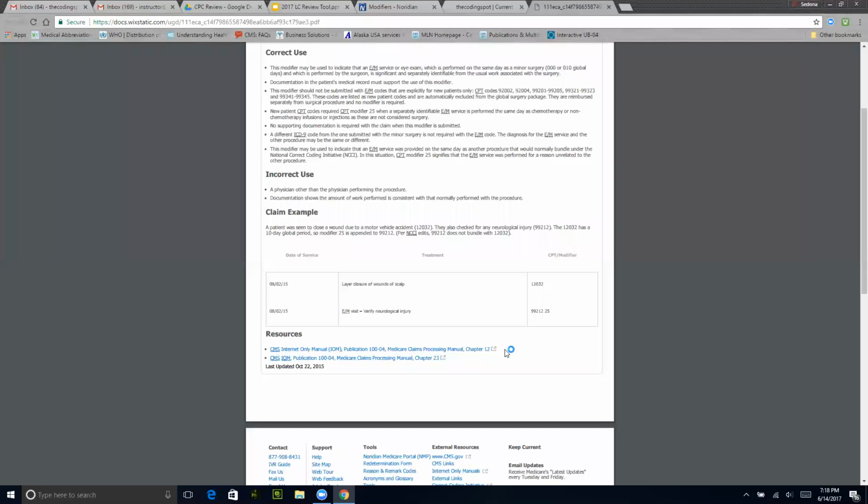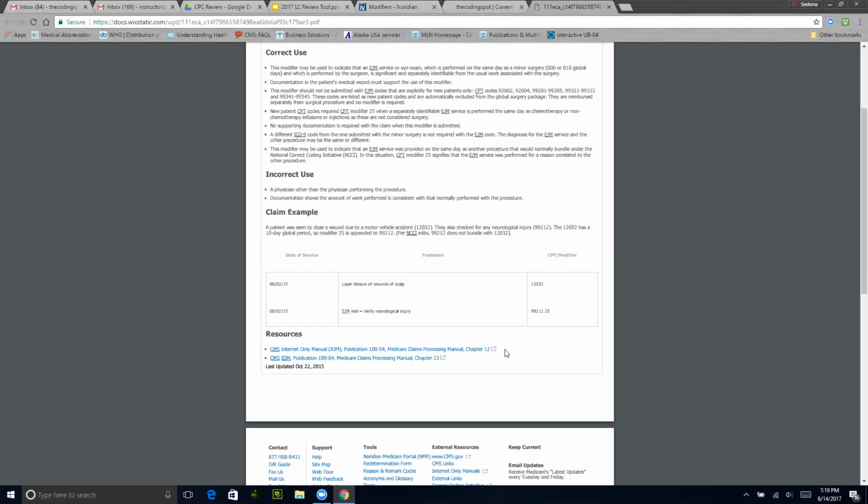And on the same date of service here, E&M visit to verify neurological injury, 99212, with 25 attached. So we have our repair, our surgery from the motor vehicle accident to close that laceration of a scalp, and we have our 99212, our E&M code, with a modifier attached to it to signify this is separate from the wound repair.